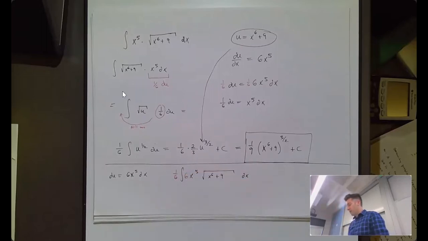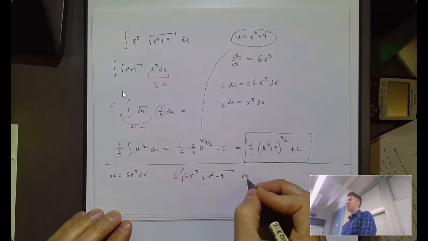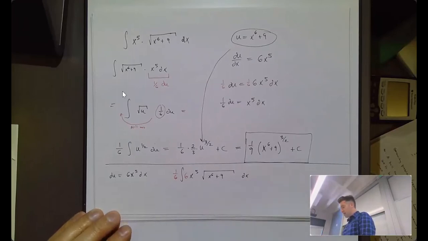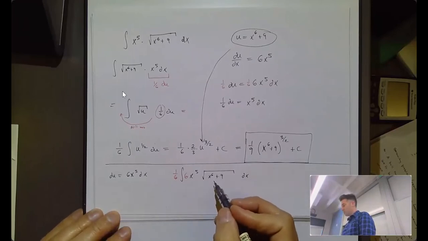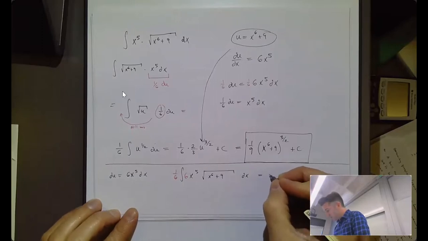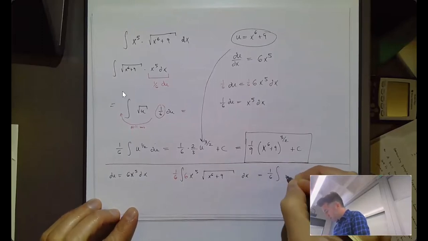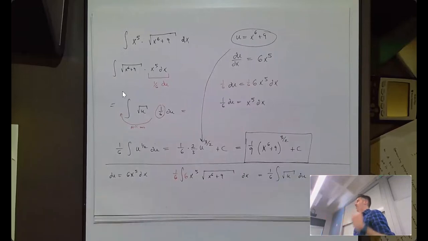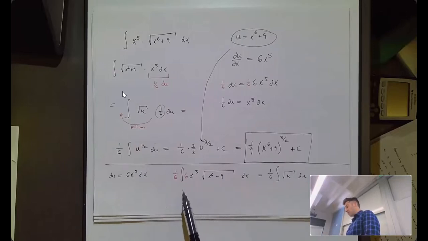So now this 6x to the 5th dx becomes my du, and the square root of x to the 6 plus 9 becomes u. So this still is going to be the same thing. It's just a slightly different way of getting there. I will point out you can only really do this thing where you say, what do I want to have there, and then do 1 over it out there, if the thing you want to have there is a constant.